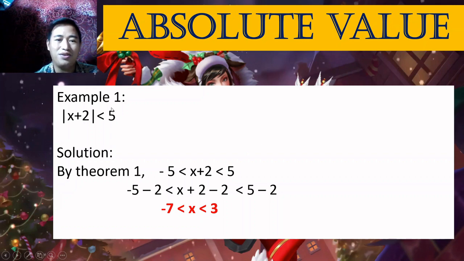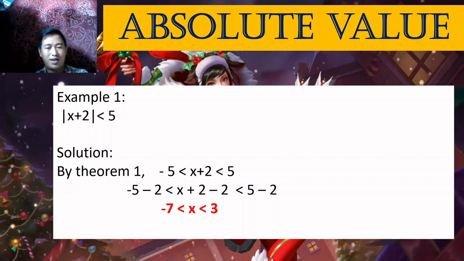The plus 2 is in the middle, so we subtract 2 from all parts. Negative 5 minus 2, x plus 2 minus 2, then 5 minus 2. In the middle we are left with x, negative 5 minus 2 is negative 7, and 5 minus 2 is 3. So x is in between these values, from negative 7 to 3.